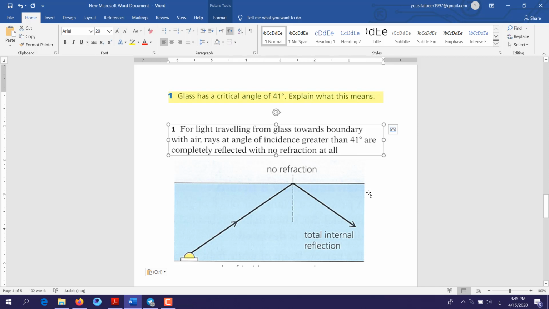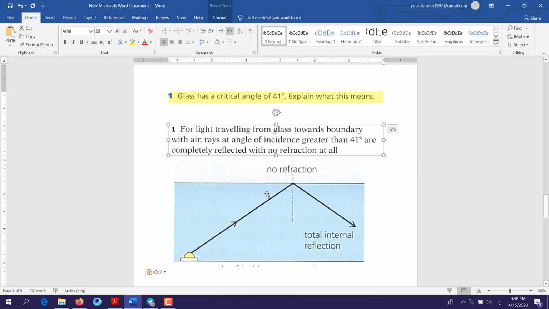If the incident ray strikes the glass with an angle less than 41, the ray will be split into a reflected and a refracted ray.